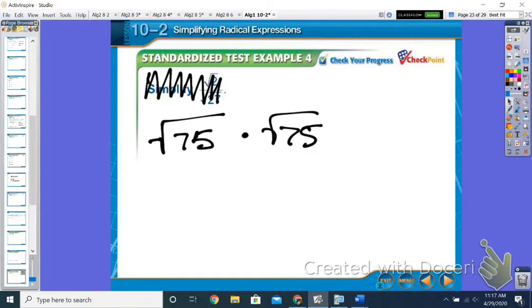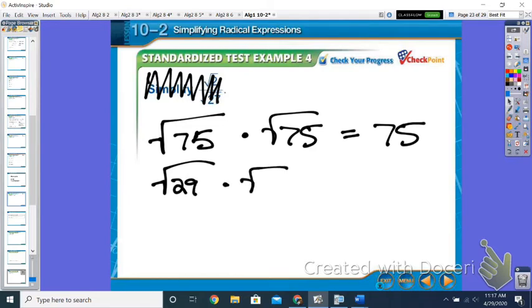It's 25 times 3, and then 25 gets broken down into 5 times 5, so it's 5 root 3 for the record. But my point is, any square root times itself is just the number that is under the square root, 75 in this case. If I have square root of 29 times square root of 29, that's just 29.